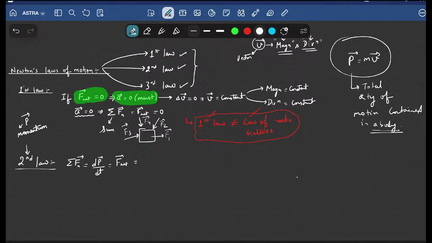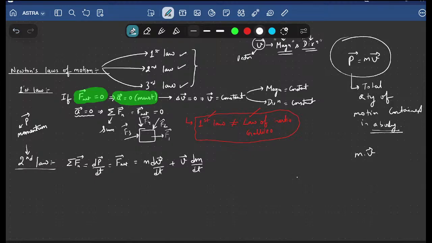So when I differentiate it, it will become m dv by dt plus v dm by dt. This is how the differentiation takes place. Generally mass is constant. Whenever we differentiate a product of two functions, this is the rule of differentiation: we differentiate one at a time and leave the other one, and then put a plus sign in between them.